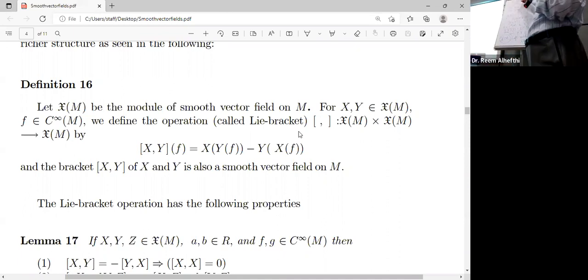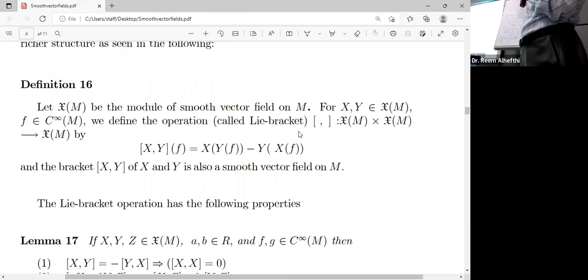We use this as a definition. Using it, we have shown that a vector field X acts on a smooth function to give another smooth function. So that becomes a map from C infinity(M) to C infinity(M) satisfying these conditions, and these two are equivalent. That is what I wrote here.